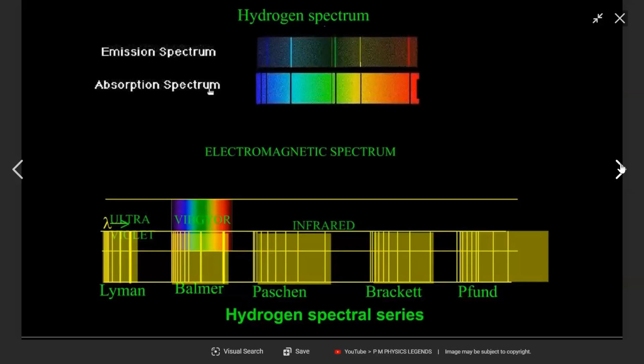Now you can see the different lines. Below, look at the Lyman series, which lies in the ultraviolet region. Then you have the Vibgyor, the Balmer series, and after that all the three series lie in the infrared region of the spectrum. That is the Paschen, Brackett, and Pfund.